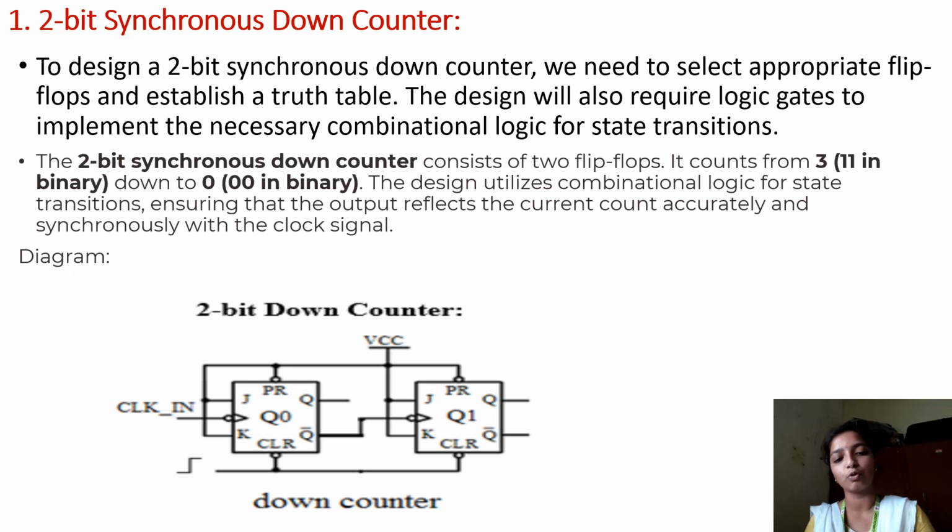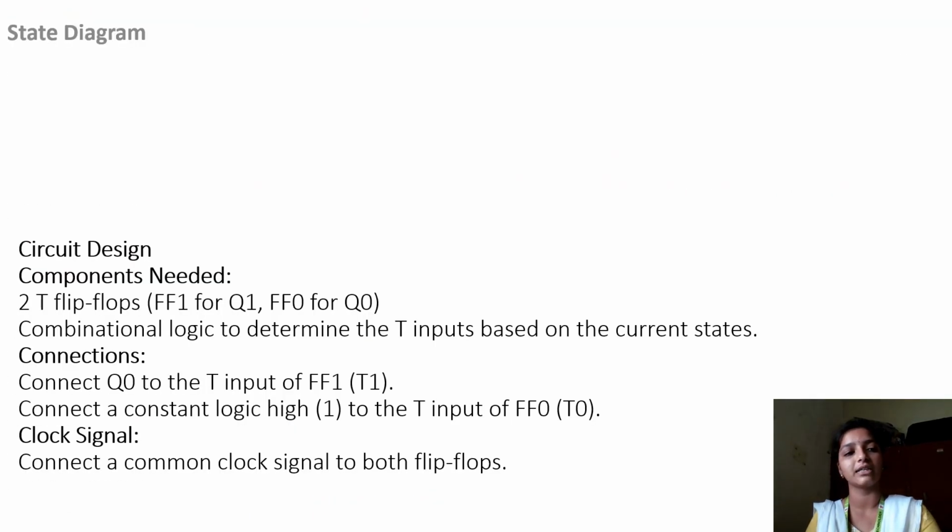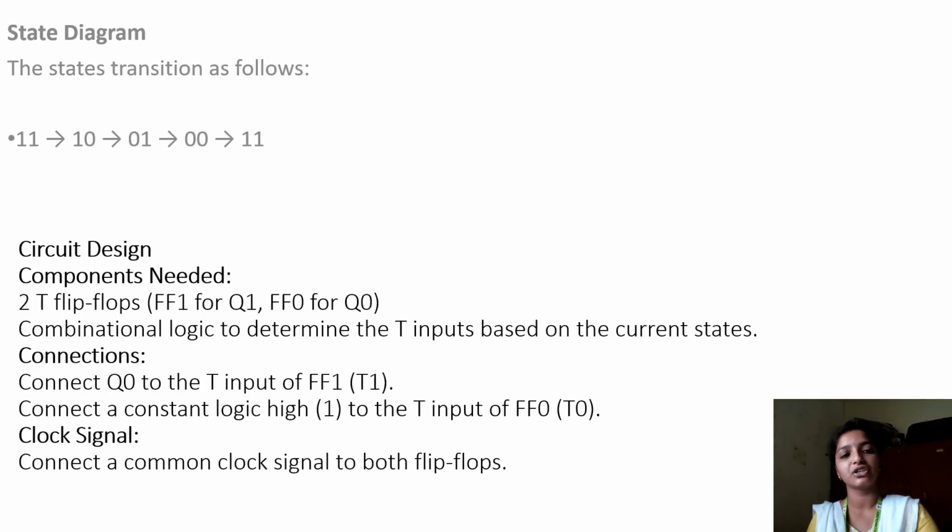It consists of two flip-flops with outputs Q0 and Q1, and the flip-flops we use are JK with a clock pulse. The state transitions are as follows: 11, 10, 01, 00, then back to 11.